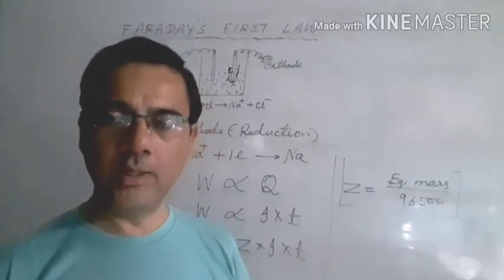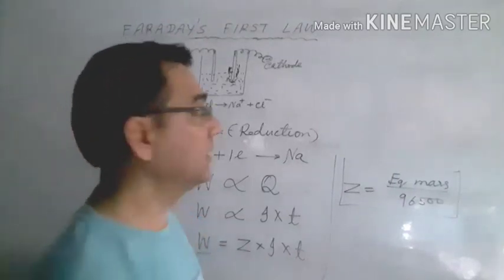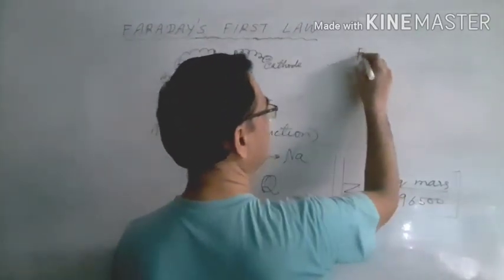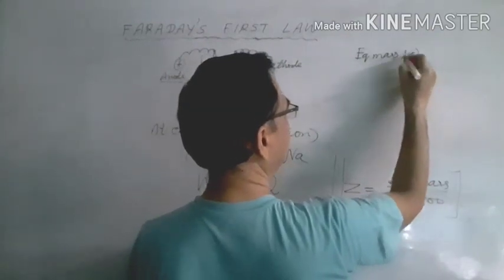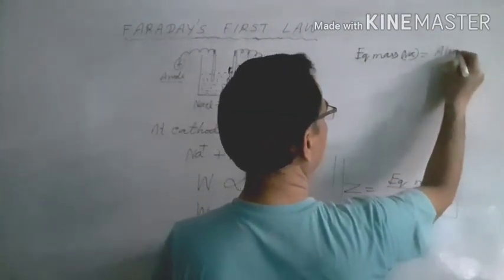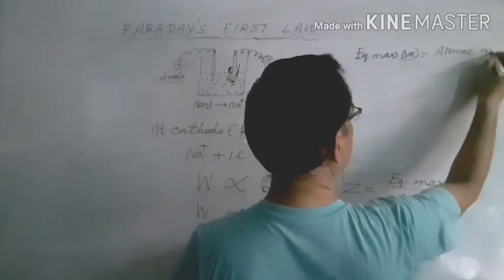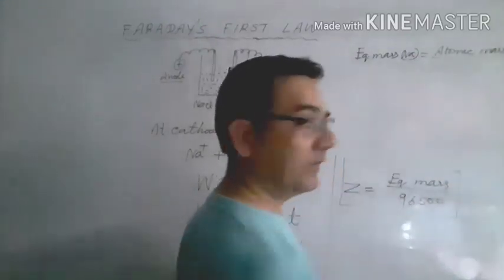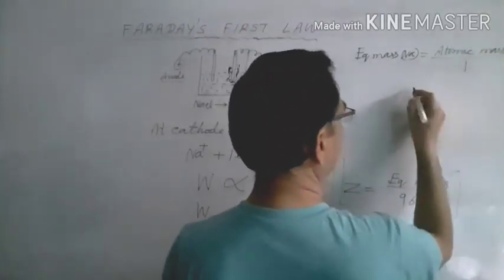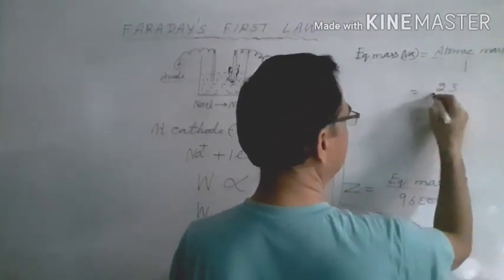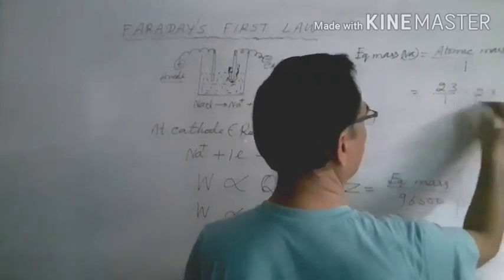For example, if we want the equivalent mass of sodium, it is atomic mass upon its valency, and its valency is 1. The atomic mass is 23, so 23 upon 1 is equal to 23.